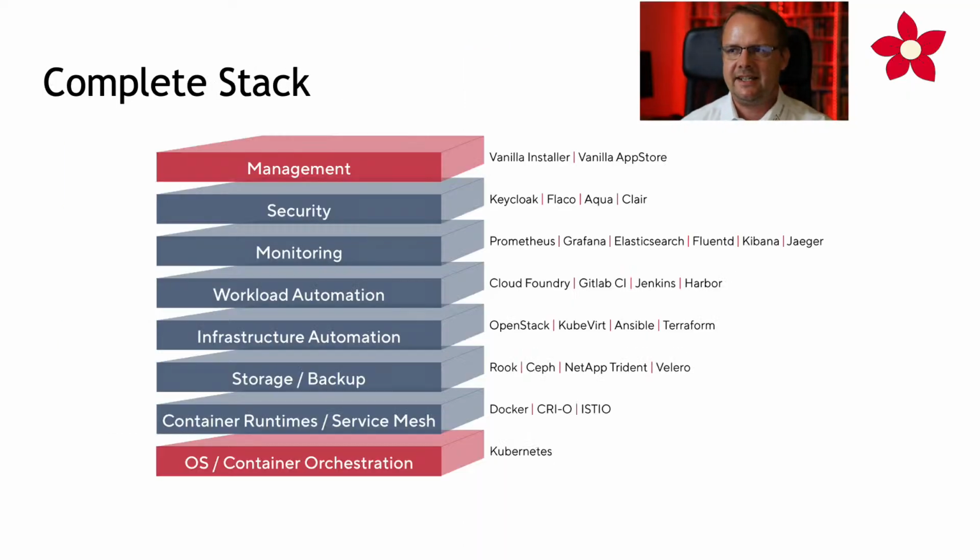VanillaStack, then again, is something that is more, because VanillaStack wants to provide you with a complete stack. Again, we start from bottom to top on the container and container orchestration level. We use Kubernetes for that. If you want to have your containers up and running, we can utilize different container runtimes, be it Docker, be it CRI-O.